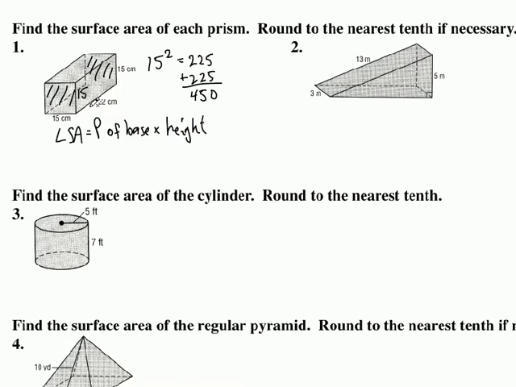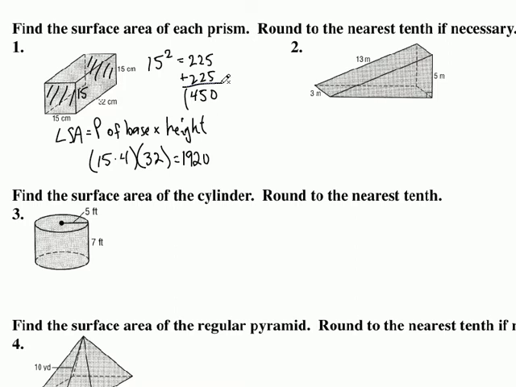If this is the base, it goes up 32, so the height is 32. So all I got to do is find the perimeter of the base. That's easy. It's 15, 15, 15, 15. So it's just 15 times 4, really. That's the perimeter of the base. Times the height. How tall is this thing? If it was standing on end, how tall would it be? It would be this tall right here, which is 32. You plug that in and you get 1920.